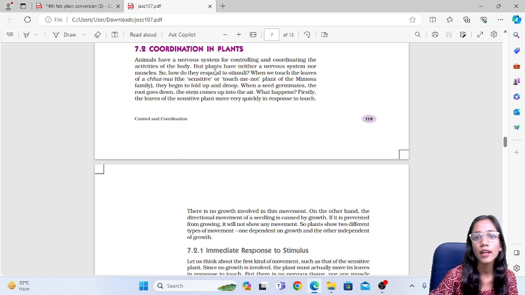Now the second kind of movement which we see in plants is when a small seed germinates: the roots go down and the stem comes up.